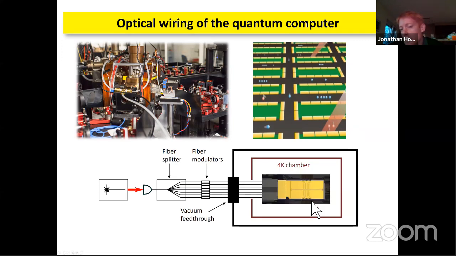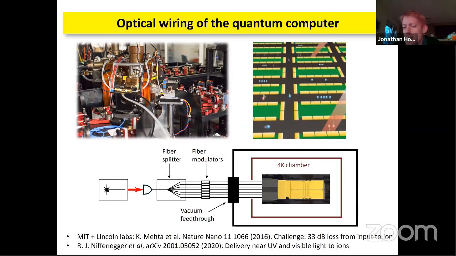Of course, there's a vacuum system there. In fact, ours is a 4 Kelvin vacuum system. So there are multiple feed-through stages in order to get down to the 4K vacuum that we operate in. And this is a picture of the actual chip we used, in a cartoon way, inside the vacuum system.